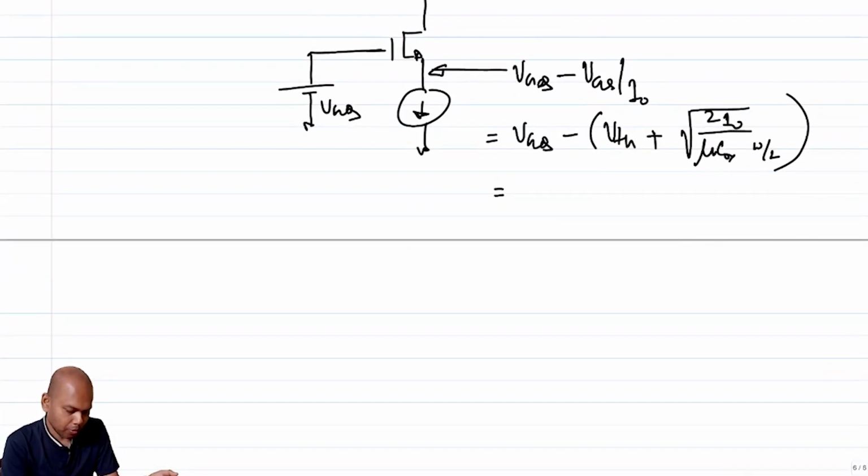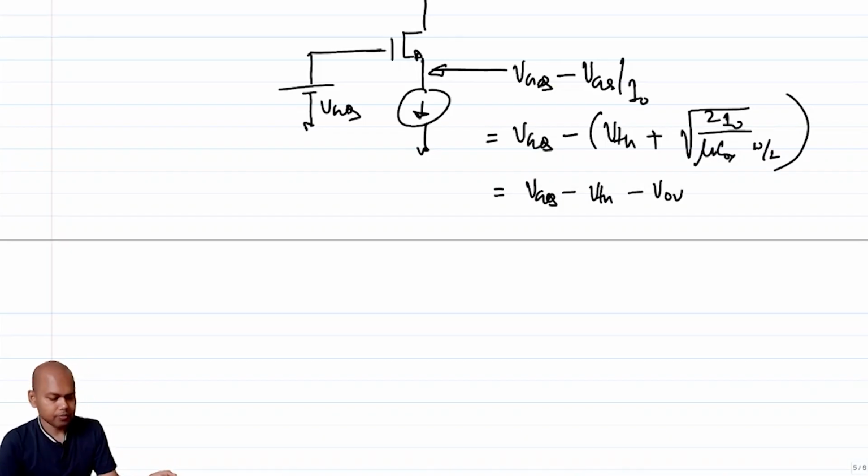The more popular way of writing the same thing is VGQ minus threshold voltage minus the overdrive. So this is the overdrive voltage, right?